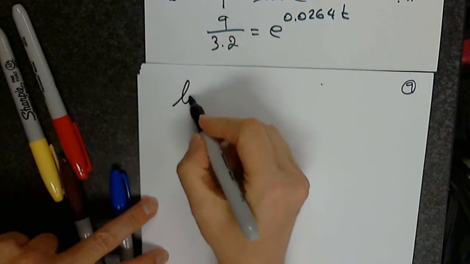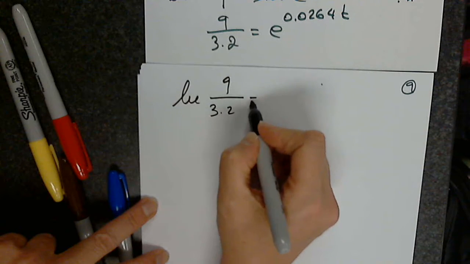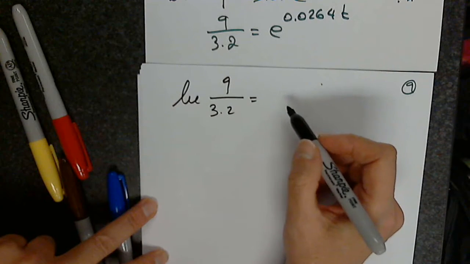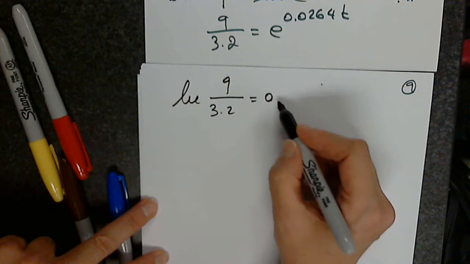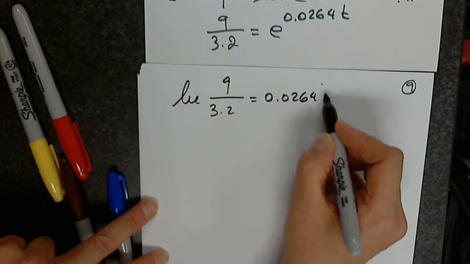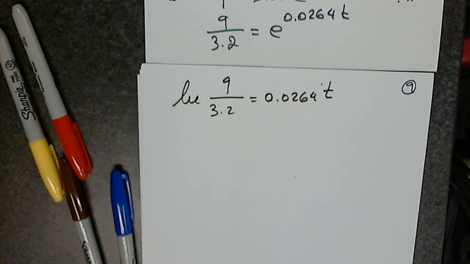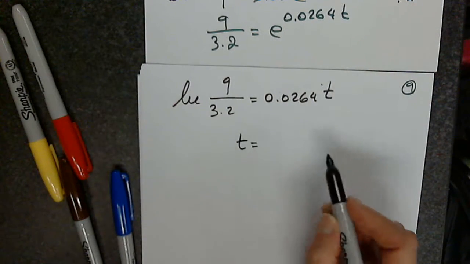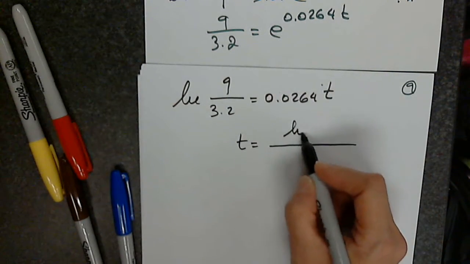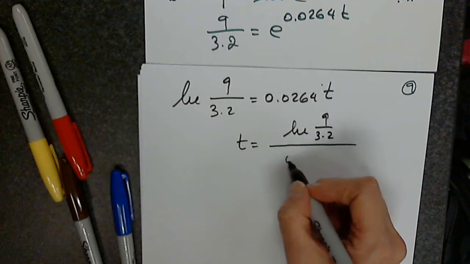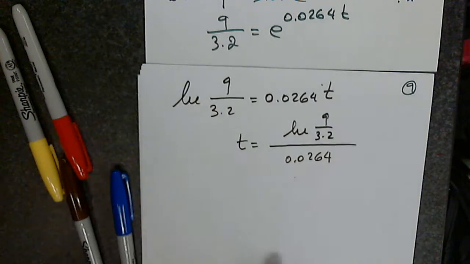Yes, so natural log of 9 over 3.2 must equal 0.0264 t times natural log e, which is 1. So then t equals natural log 9 over 3.2, divided by 0.0264.